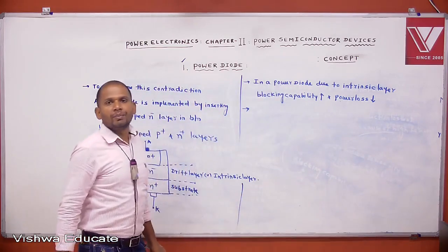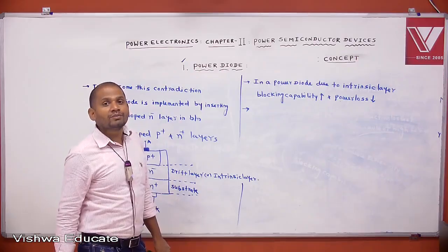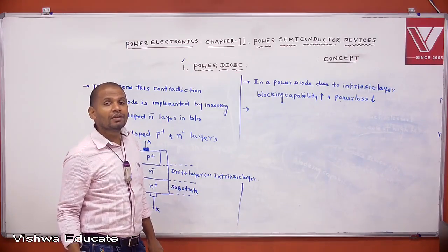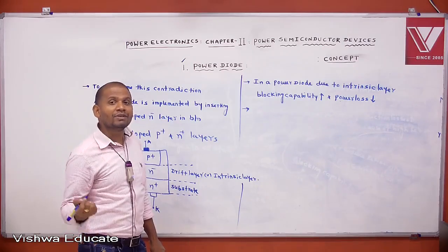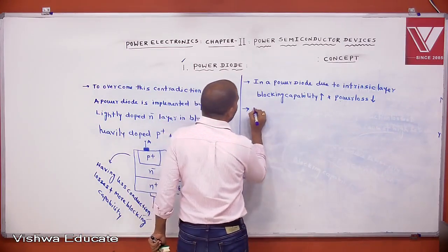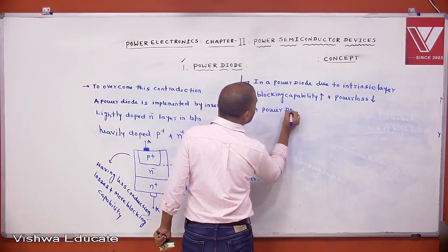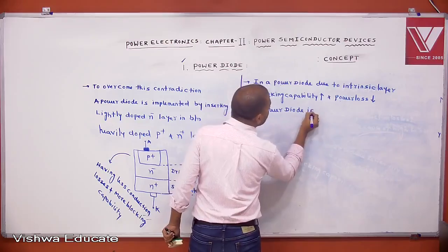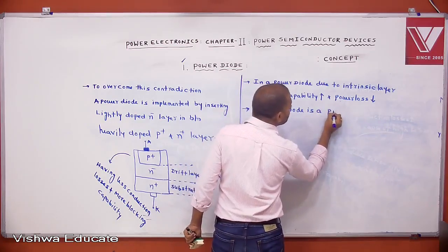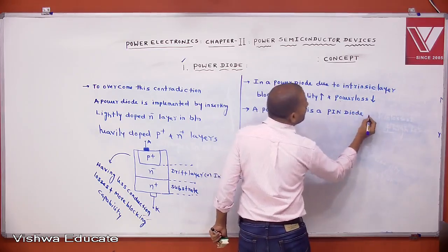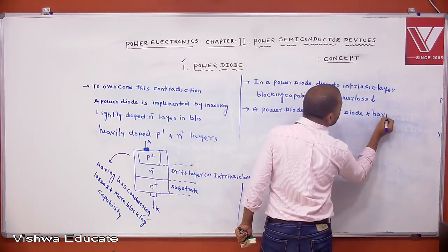Another point to remember: how many layers does a power diode have? A power diode is a PIN diode having 3 layers.